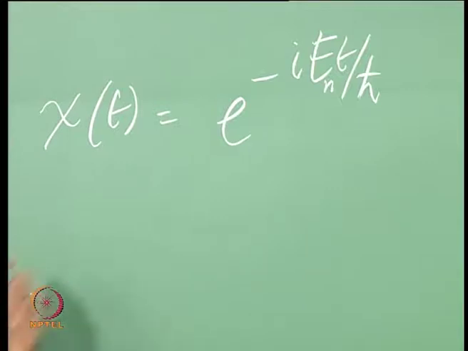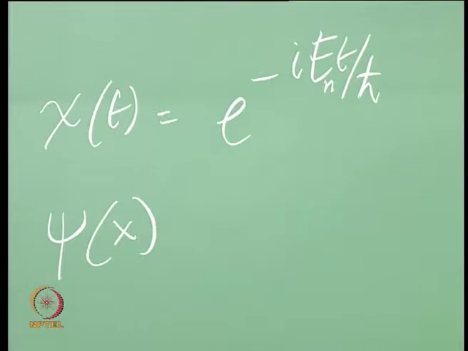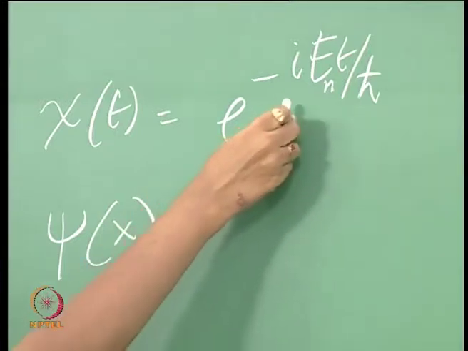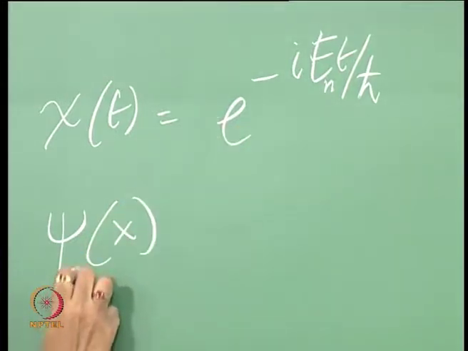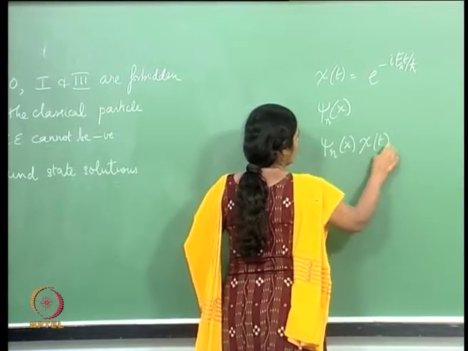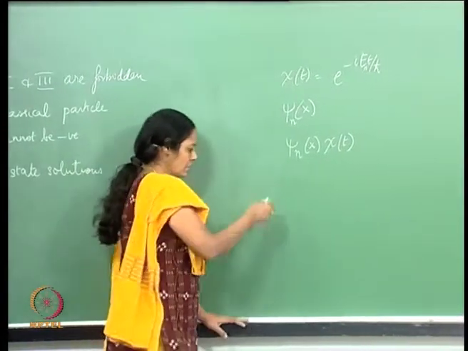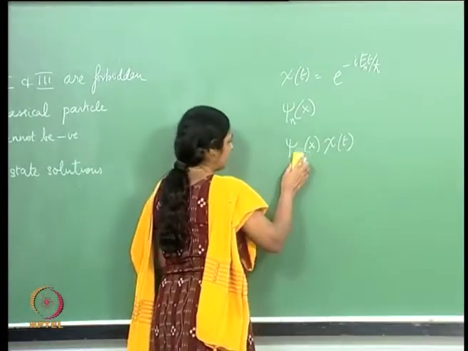The total wave function, of course, had a contribution from the space part, which was psi of x, and corresponding to the energy E sub n, you would have solution psi sub n of x for the stationary states, the energy eigenstates of the system. The total wave function, of course, will be psi n of x chi of t, psi of x chi of t in general.